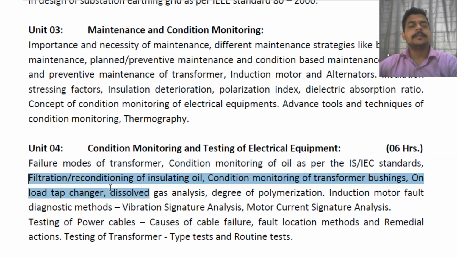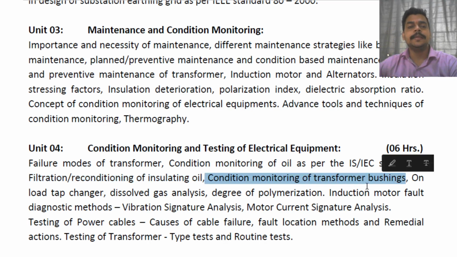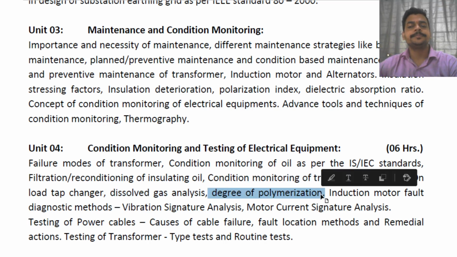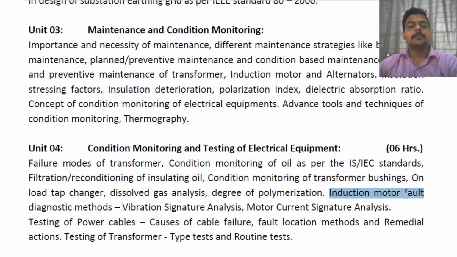Then we will discuss the filtration or reconditioning of the insulating oil, condition monitoring of the transformer bushings, the on-load tap changer, also abbreviated as OLTC, dissolved gas analysis, DGA, degree of polymerization, that is DOP, and induction motor fault diagnostic methods, that is vibrational signature analysis and motor current signature analysis.